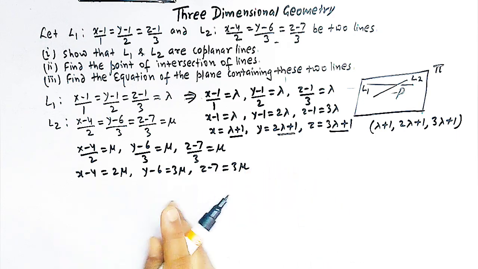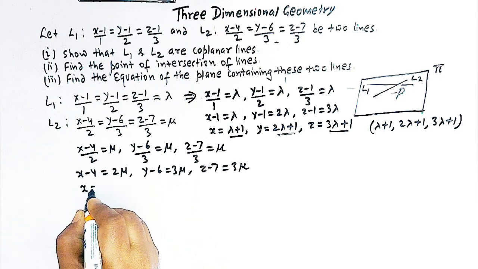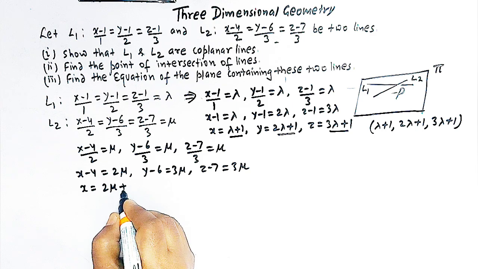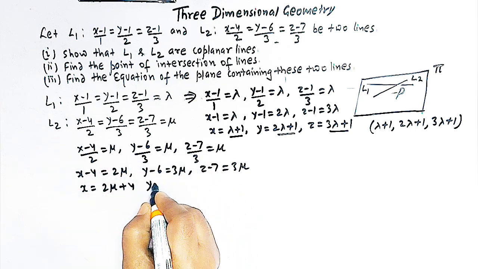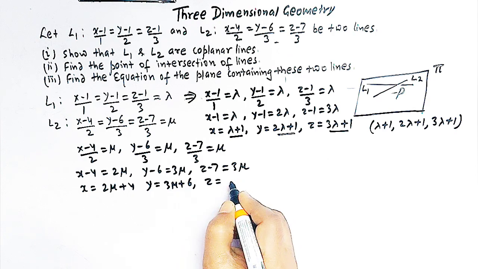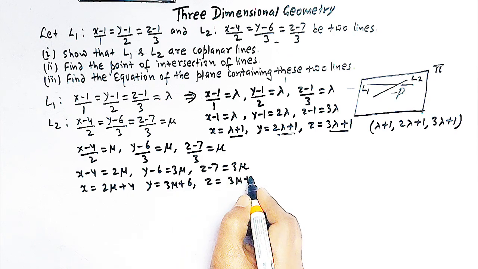So the coordinates of the general point lying on this line L2 are given by 2 mu plus 4, taking minus 4 to the right hand side, 3 mu plus 6, and 3 mu plus 7.